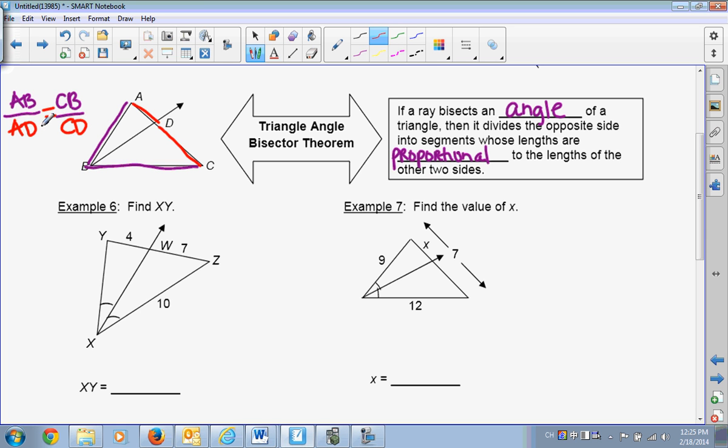So AB over AD equals CB over CD. That would be our proportion.